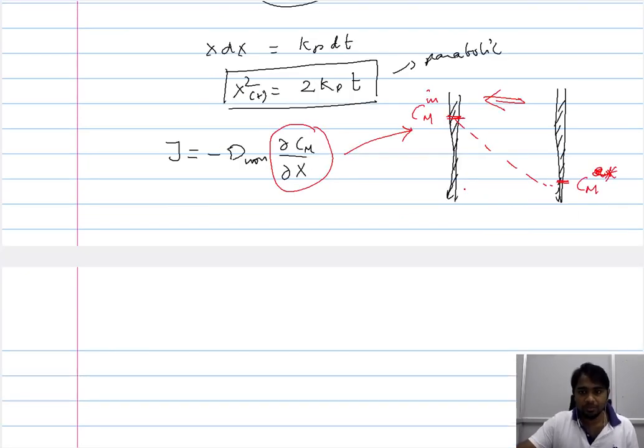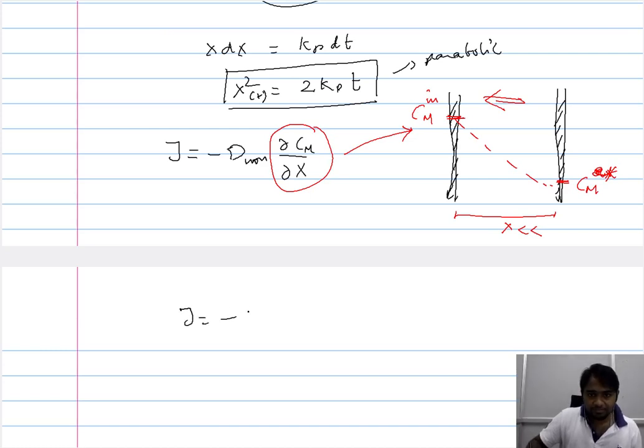Now, supposing this thickness x here is very small, then this expression can be written as the diffusivity term of the metal ion and C_M^in, that is the internal concentration of the metal, and the external concentration of the metal, divided by the thickness of the metal oxide region.